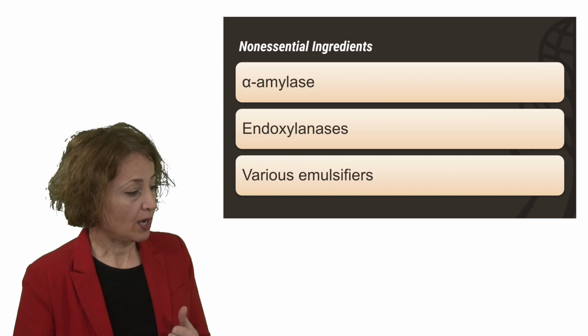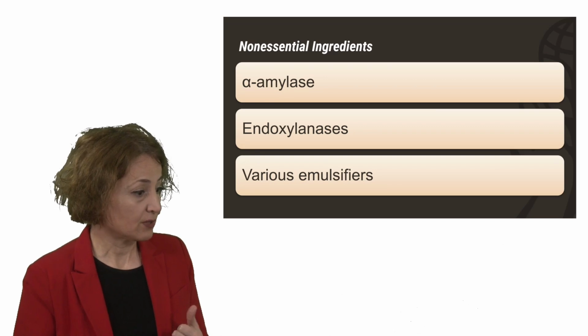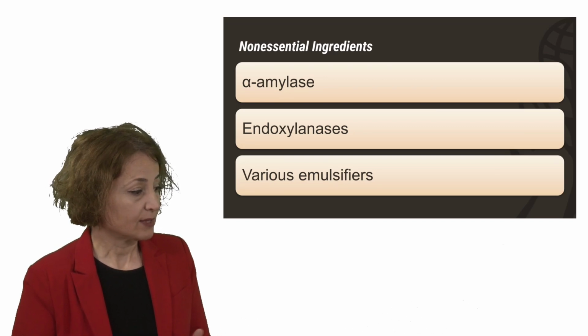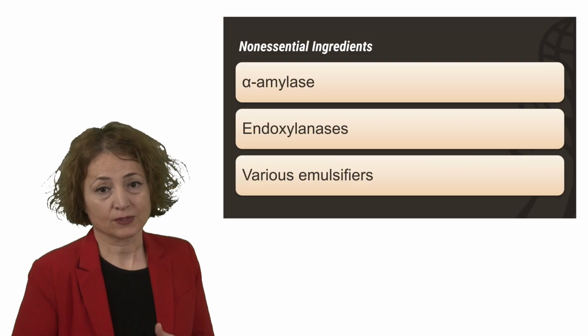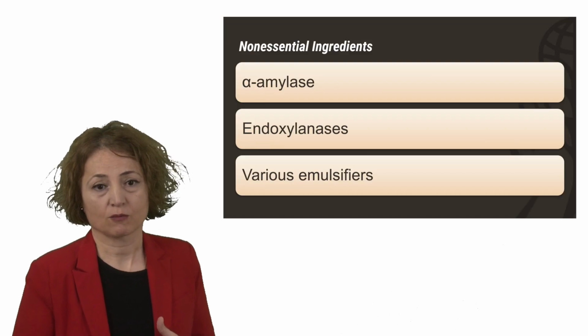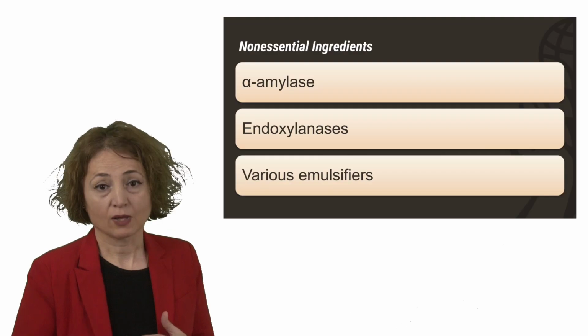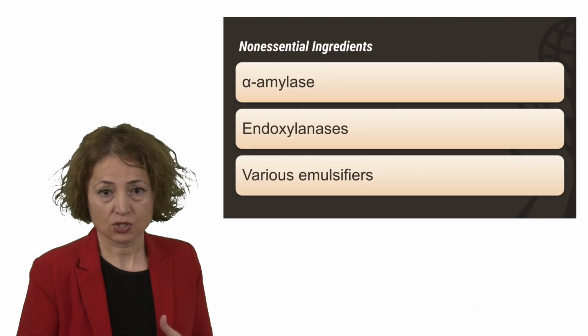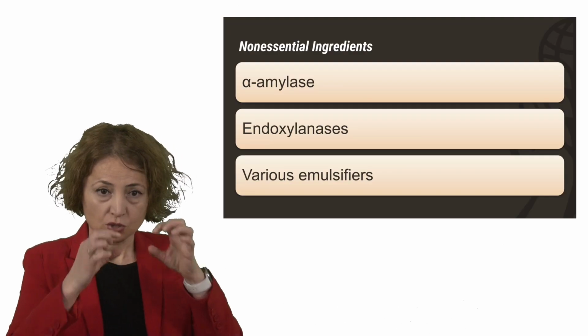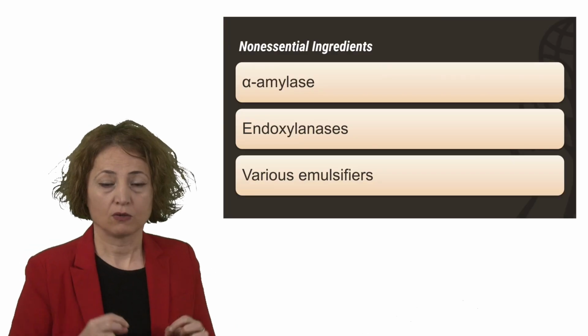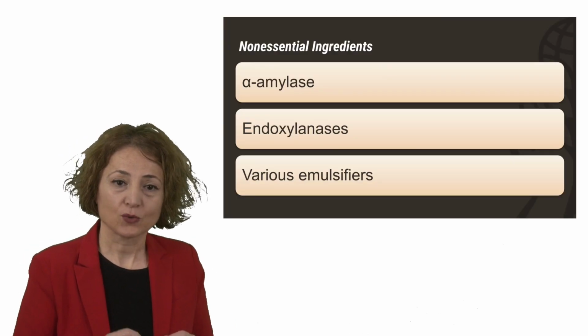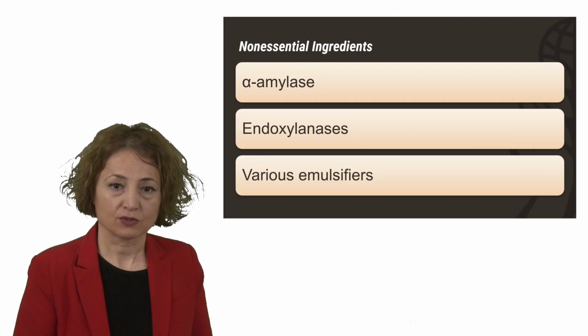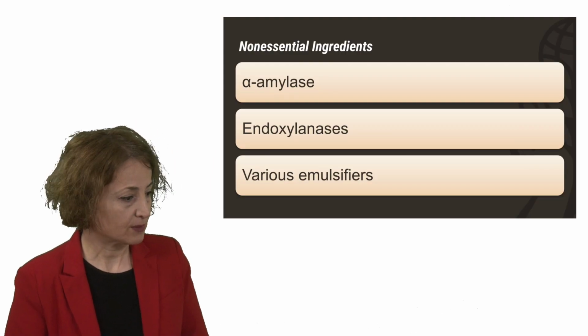As we talk about other non-essential ingredients, alpha amylase is the enzyme most commonly used in baking formulations to hydrolyze mostly damaged starch, so we can produce a two-glucose sugar called maltose, and the maltose is going to be used by yeast during the fermentation process.